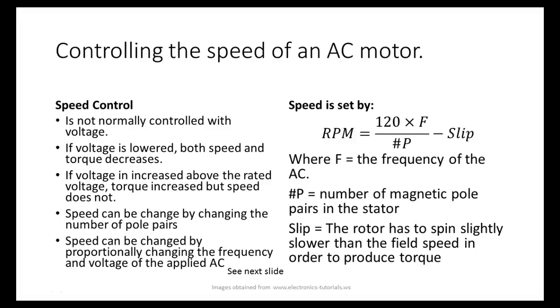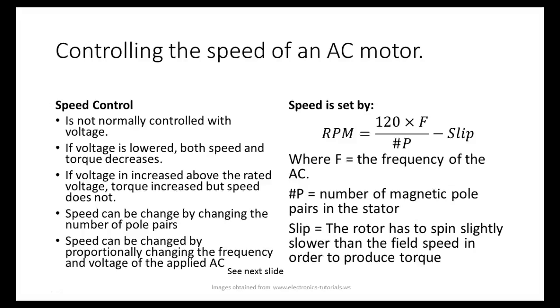Alabama Power, what's our frequency? 60 Hz. So what would be the field speed of a 4-pole motor? 1,800 RPM. So over in the lab, you look at all of them, they're rated like 1725.